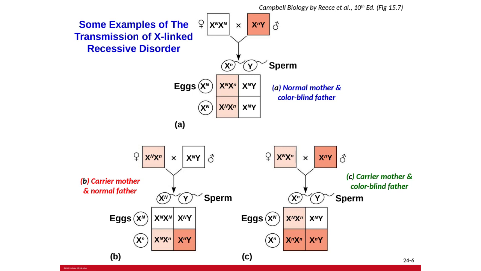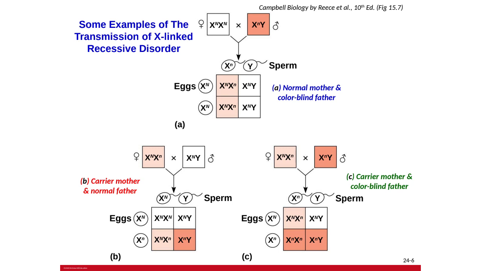And here, this is an illustration from a different textbook, so they're using slightly different letters. They're using small n to mean that the person is colorblind, whereas a big N means that they have normal vision. So here we have a male who's colorblind, so he's X small n Y, crossed with a female who's X big N X big N.